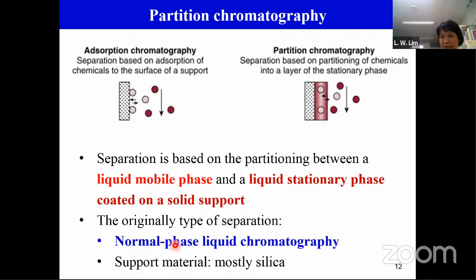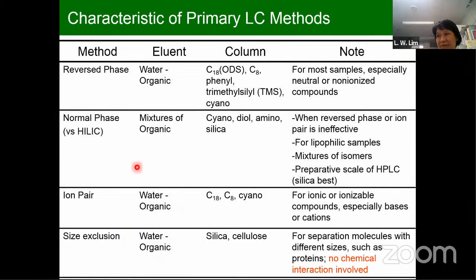Last week, I shared this slide with you, and I asked you why it is called normal phase and why we call it reverse phase. Maybe you still remember. It's because Tswett was the first person who made the silica column. The first one that was invented using silica, we call the normal phase. When we have the opposite, we just call it reverse phase.